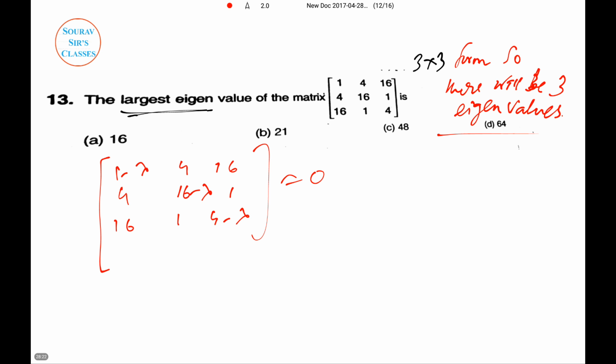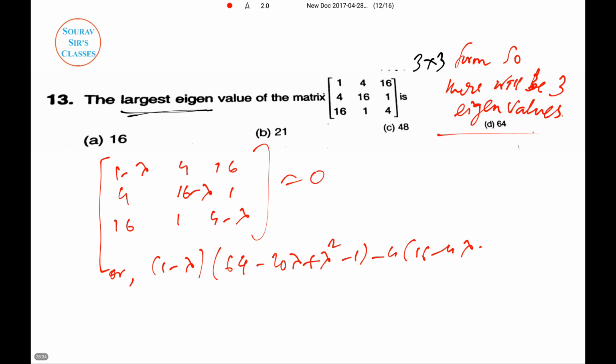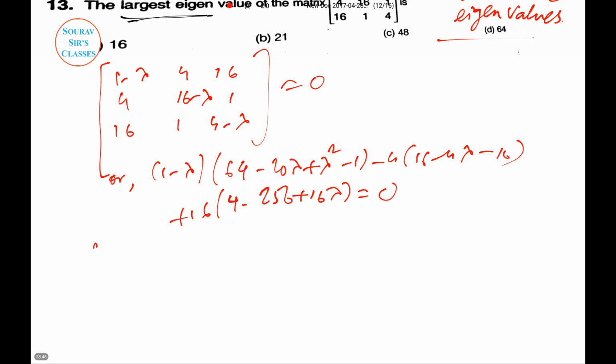If we calculate this, we will get 1 minus lambda into 64 minus 20 lambda plus lambda square minus 1. This one is a boring calculation over here. 256 plus 60 lambda. How can we solve it? You will get a cubic equation at the end, and that will be like this after rearranging the terms.